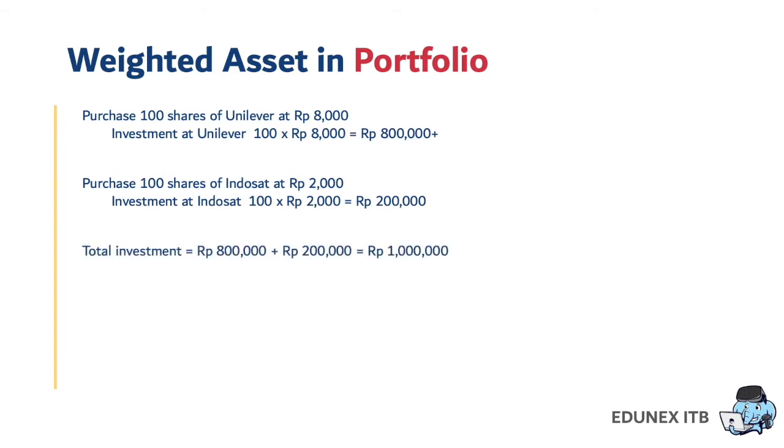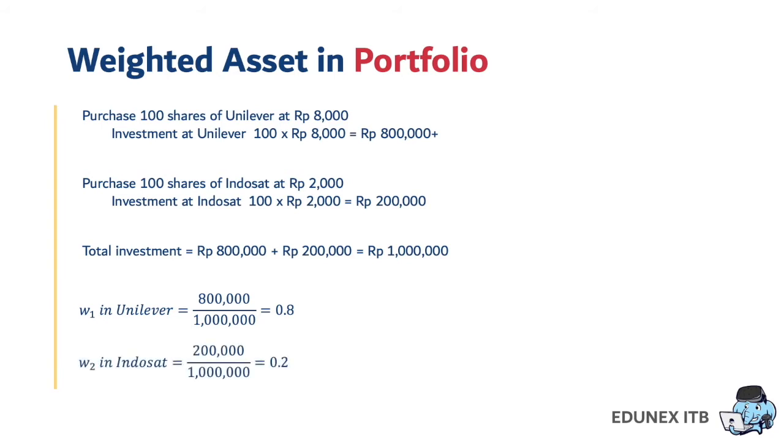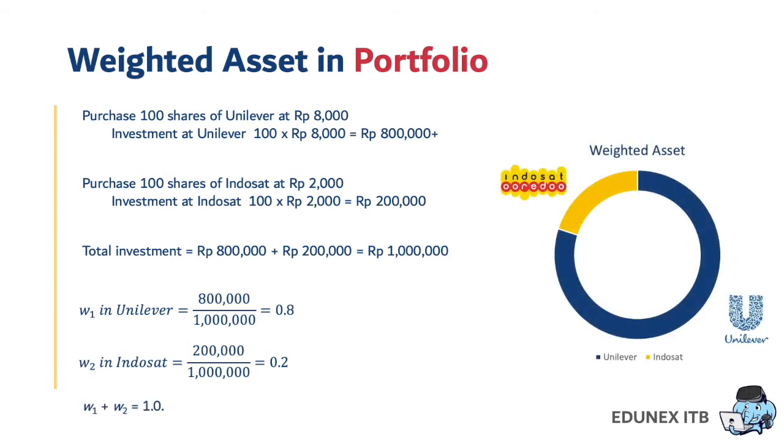Then, in total, your investment worth is 1 million rupiah. Of the total, 80% of your investment is in Unilever, and 20% of it is in Indosat. In calculating weight, you must be aware that the total weight must be 1 or equal to 100%.